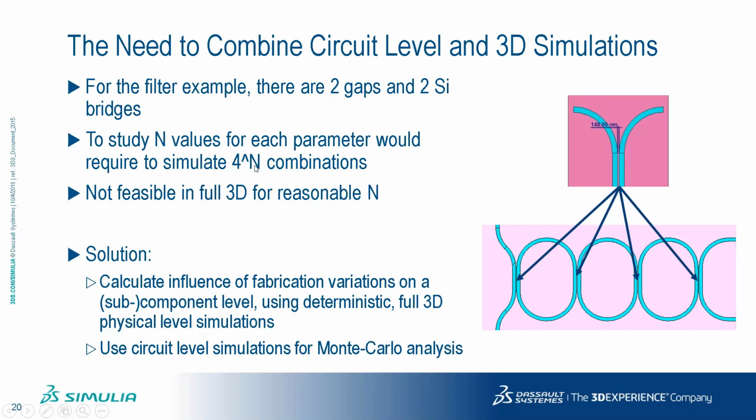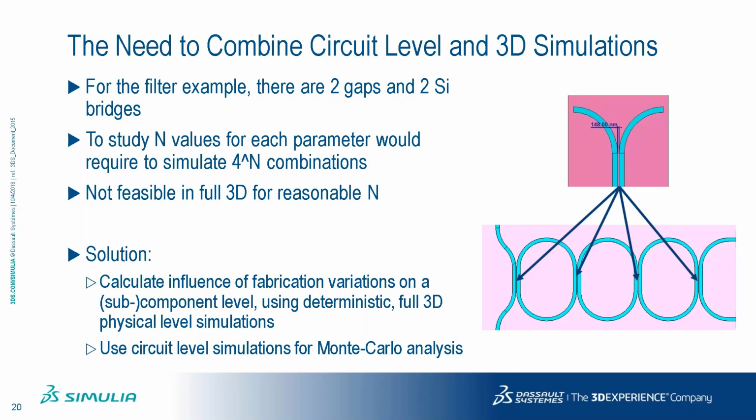Imagine running this in a full 3D simulation, where every simulation would take several hours. It would take a very long time, and realistically the number of parameter combinations that you want to study is closer to 1,000 or even higher. So that would make it infeasible to treat this in full 3D.